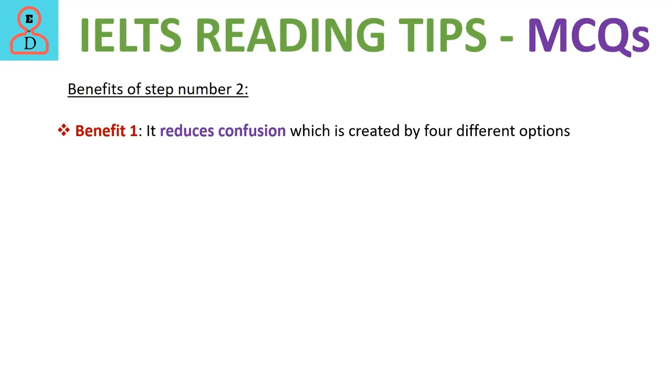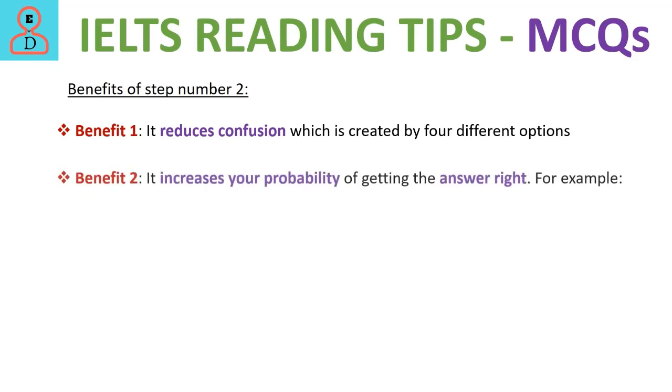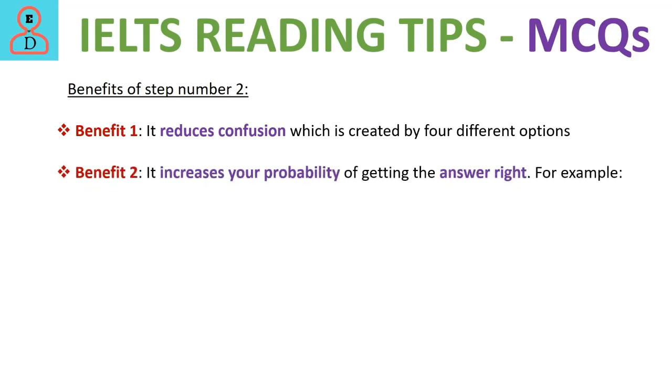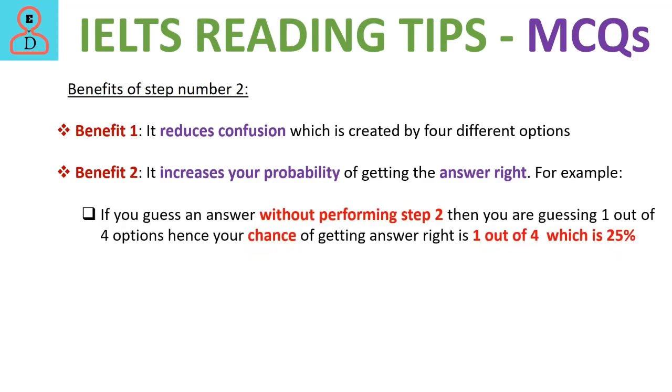The second and major benefit is that it increases your chance of getting the answer right if you are making an intelligent guess. For example, if you do not perform step number 2 and make a guess, then you are guessing one option out of 4, which means a chance of 25% of getting your answer right.